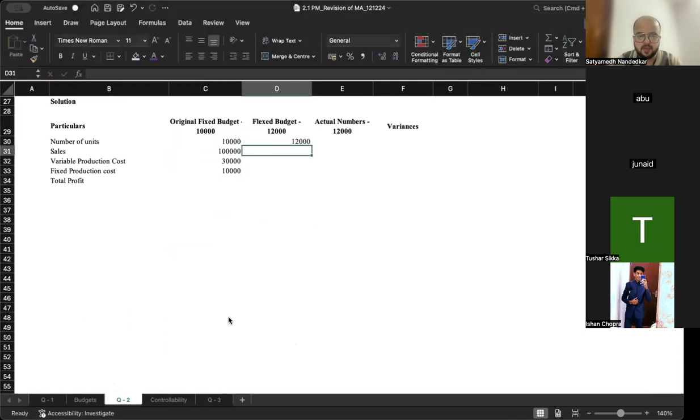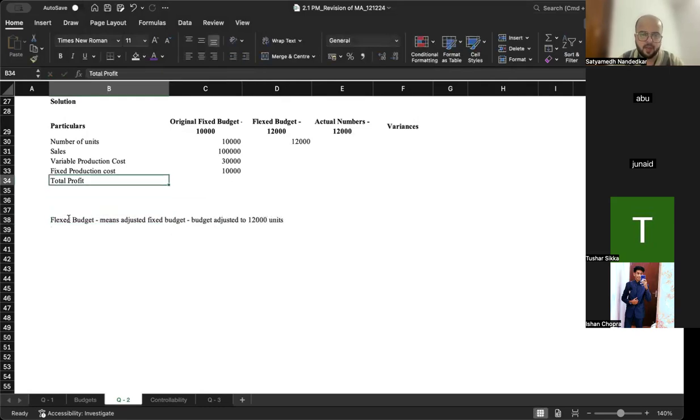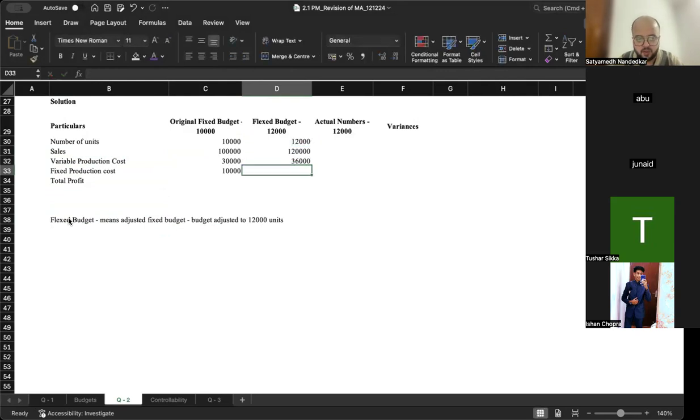So 12,000 flexed budget. What is flexed budget? Flexed budget means adjusted fixed budget. This is budget adjusted to 12,000 units. Okay. So this is going to be again 12,000 into 10, 12,000 into 3, but your fixed production cost will remain 10,000.